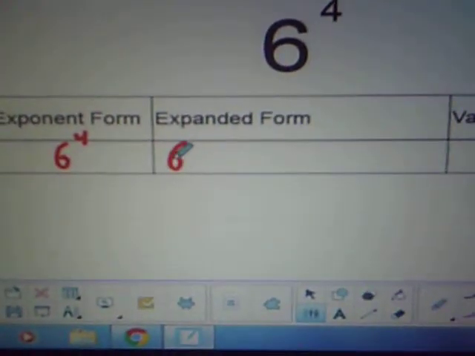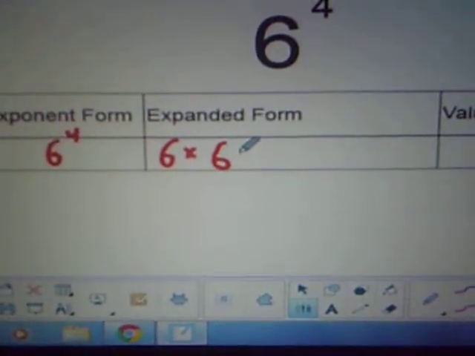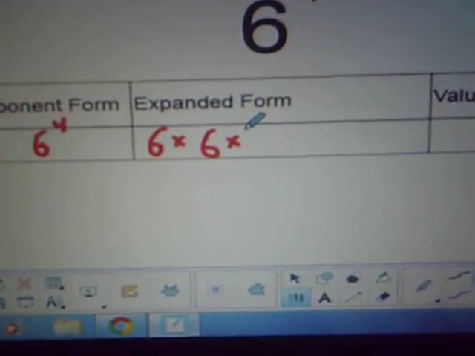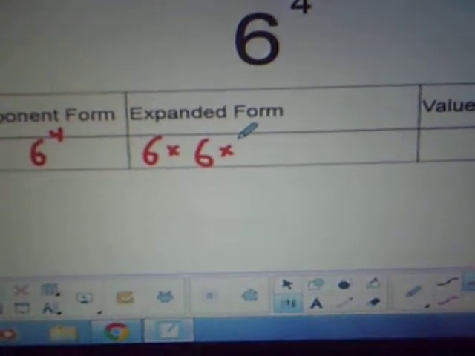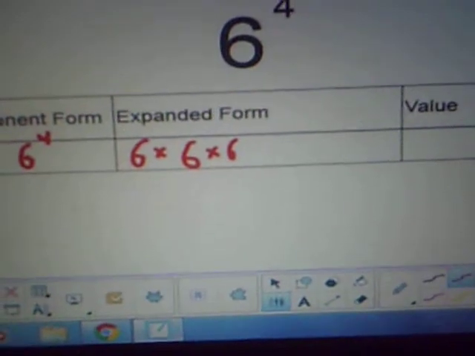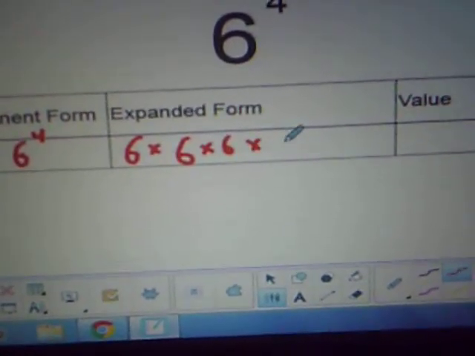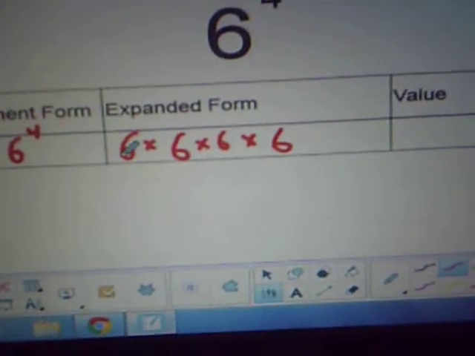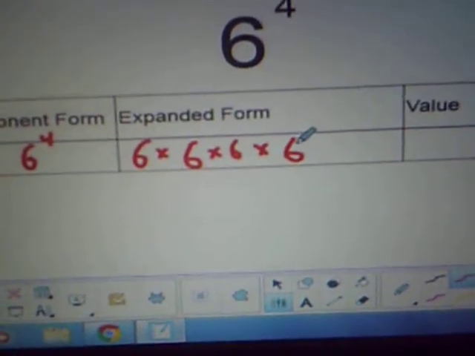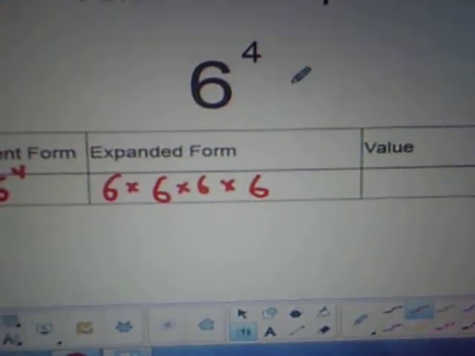In expanded form, we take our base number and multiply it together 4 times because the exponent is 4. 6 times 6 times 6 times 6. That's 1, 2, 3, 4 6's, and I get that 4 because of my exponent.